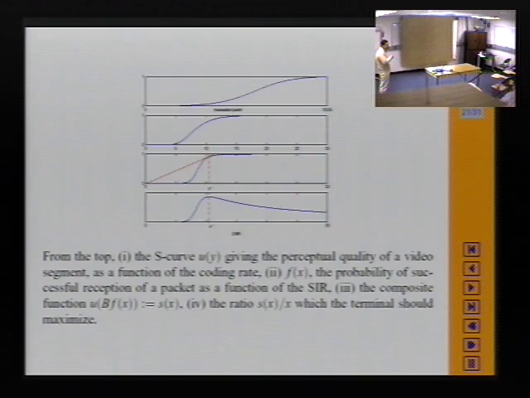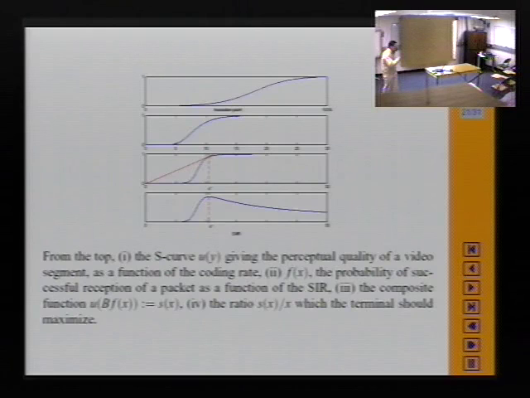We said you have to make a composite function of u of f of x. This is this one, and you can see that it's an S-curve. And this is the ratio. When you divide this function by x, you get this. And again, just by drawing the tangent, you get the maximum. So that's the whole procedure.